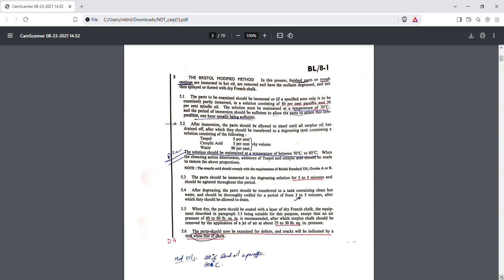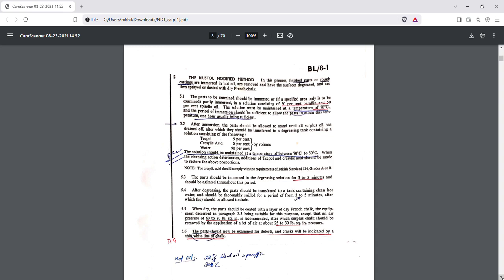After degreasing, the parts should be transferred to a tank containing clean hot water and should be thoroughly swept for a period of from 3 to 5 minutes, after which they should be allowed to drain.